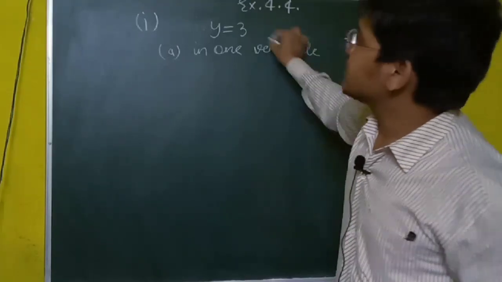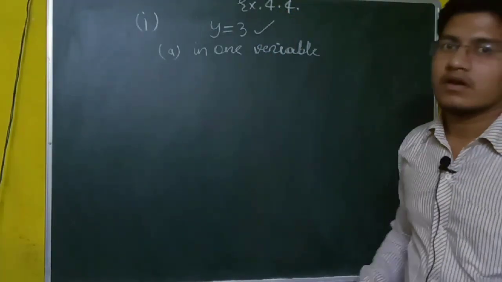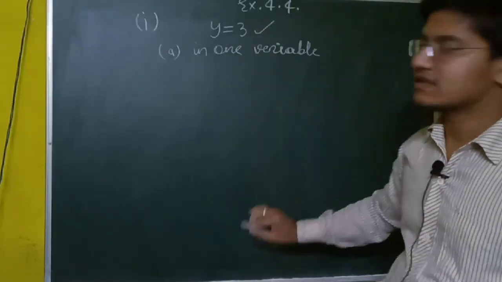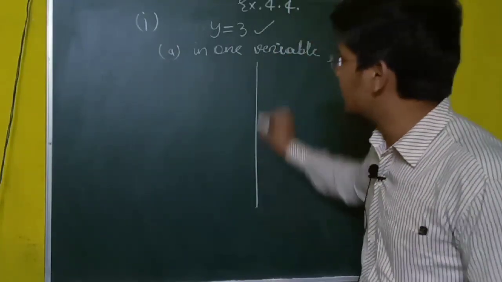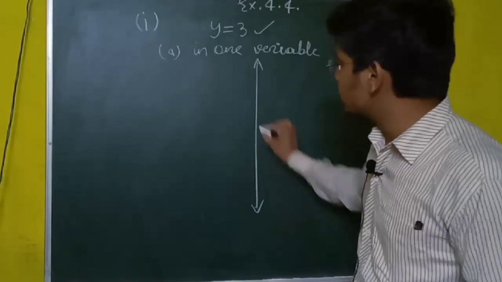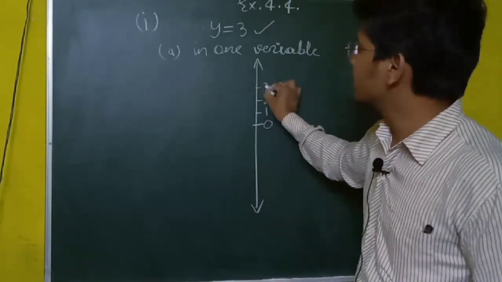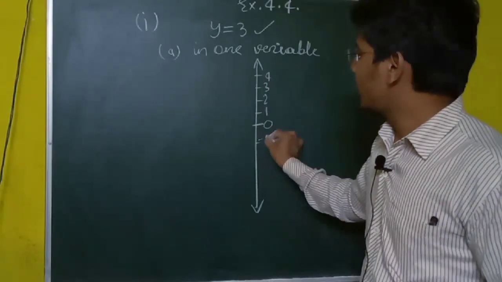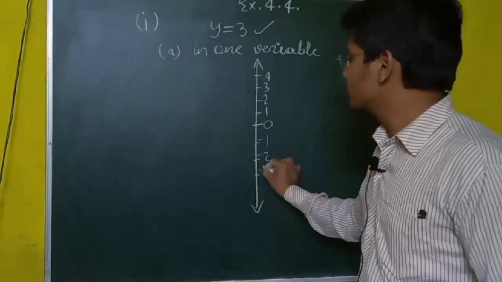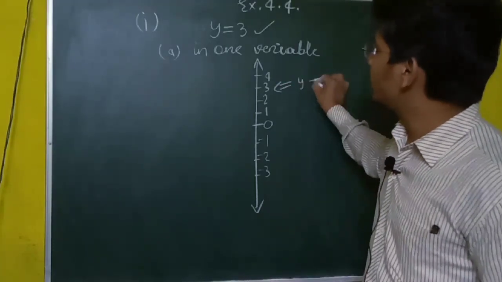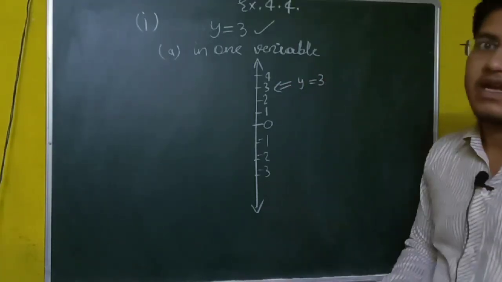To represent this equation in one variable, whenever we have to make the line for y-axis, so we are making a vertical line. So this will be the representation. Here we will take 0, then 1, then 2, 3 and 4. Minus 1, minus 2, minus 3. So this is the representation of y equals 3 in one variable.